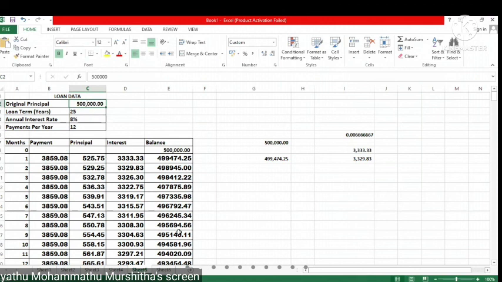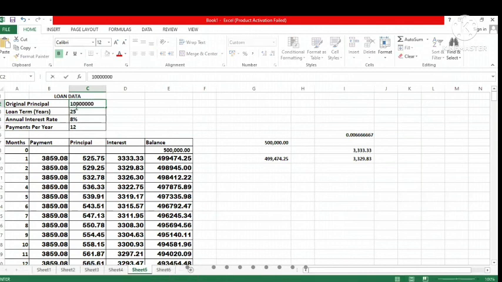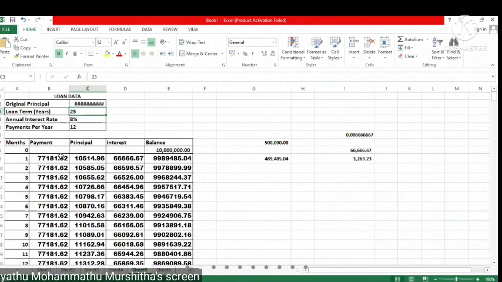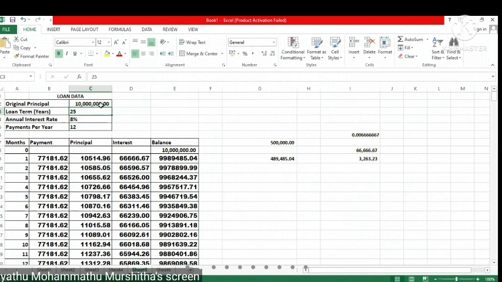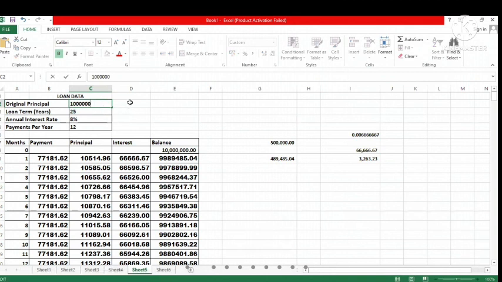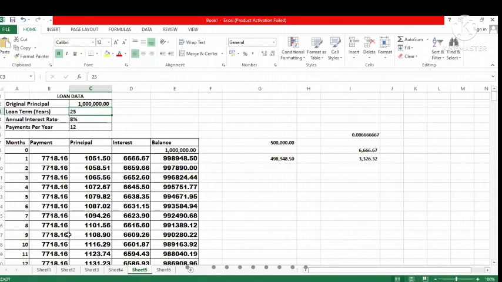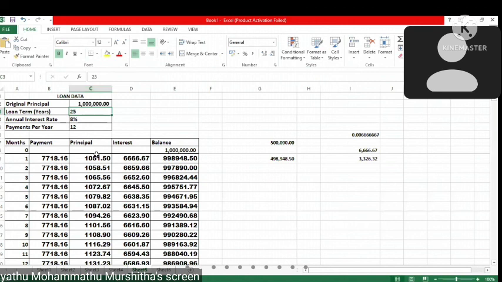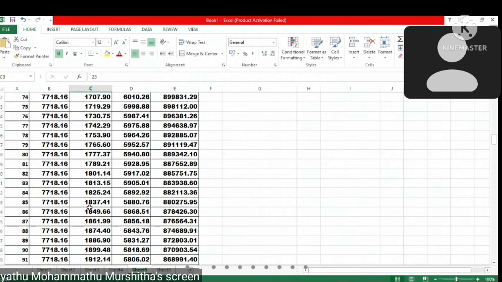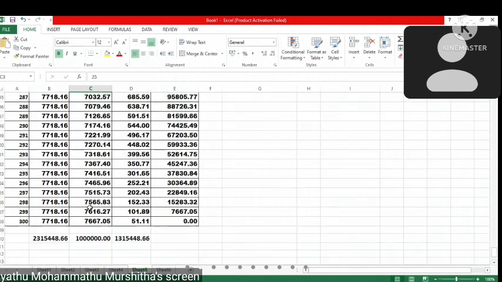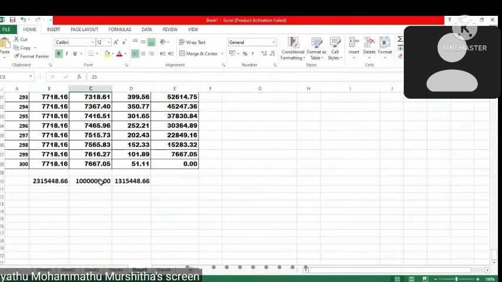Now, if I change this to 10 lakh, what will happen? Will all the amounts change or not? Change, ma'am. If one person takes a loan of 1 million, or 10 lakh, how is this changing? How much does he have to pay as interest?